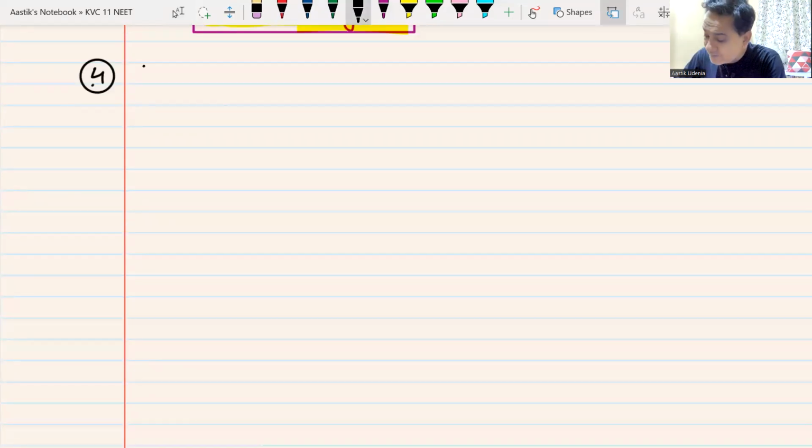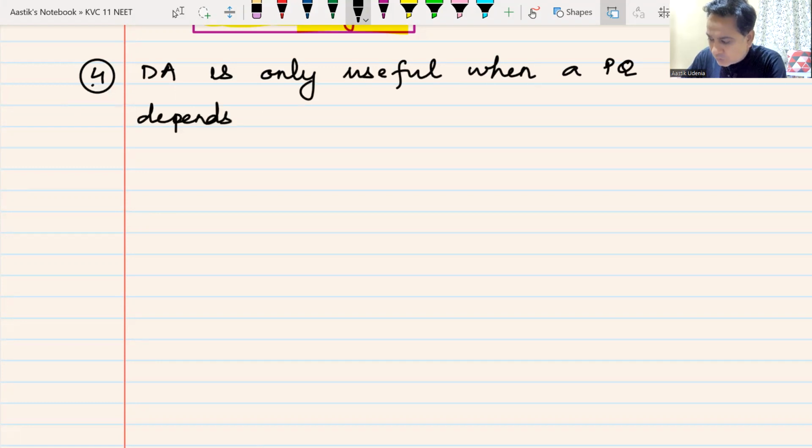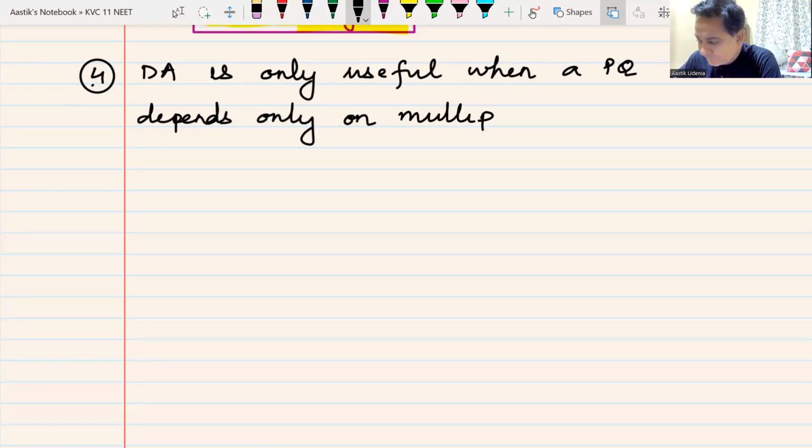Point number 4. Dimensional analysis is only useful when a physical quantity depends only on multiplication or power functions.